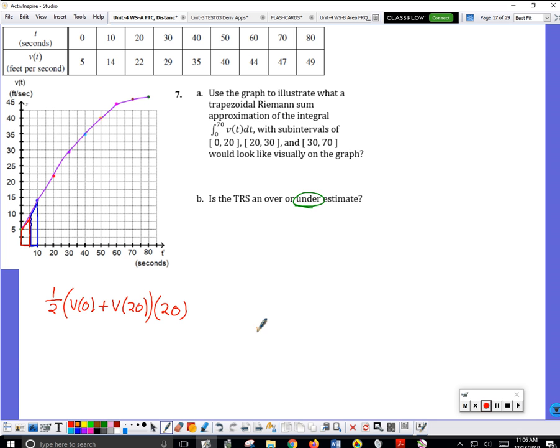Like, here's some sort of graph. And if I make a trapezoid that's pretty wide, like so, pretty easy to see that the area of my trapezoid is significantly less than this area.